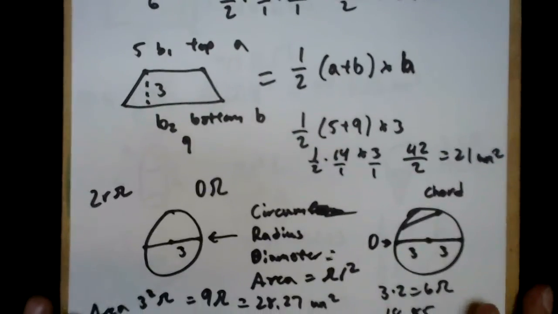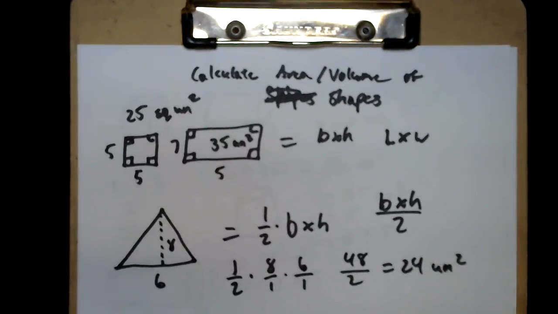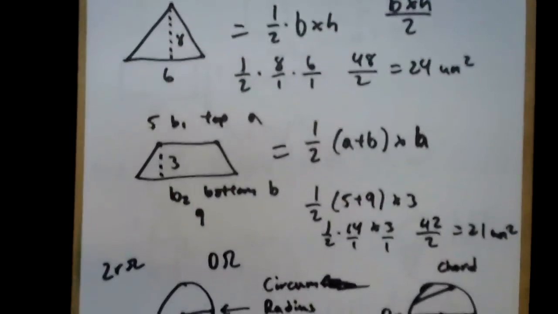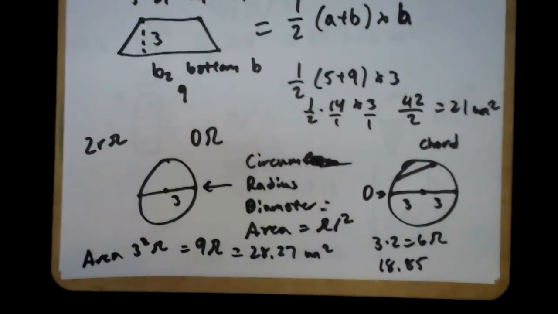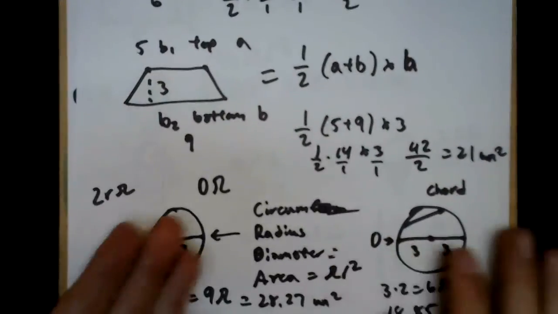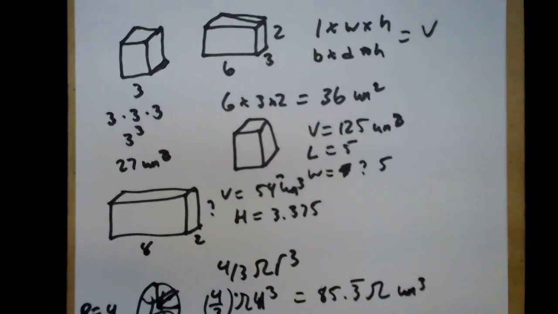The only one I think you might have to know is this. If you know how to calculate an area of a square and a rectangle, that's a have to know. Everybody should be able to do that. Possibly a triangle, possibly a trapezoid, and a circle, which is pi r squared, and possibly the diameter and that stuff with that. But all the volume stuff, ACT will give you a formula of how to do that, because they don't expect you to memorize it.